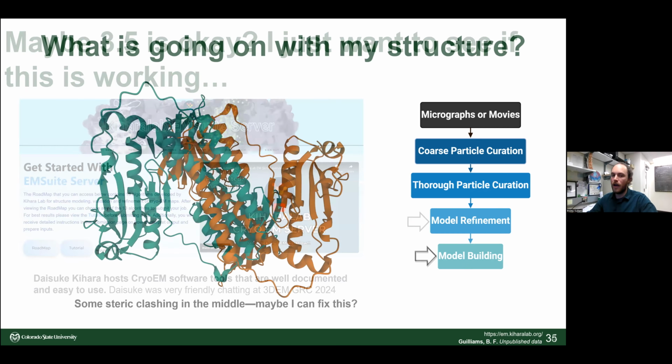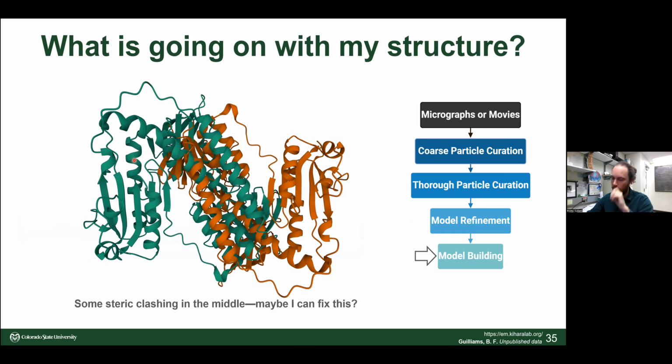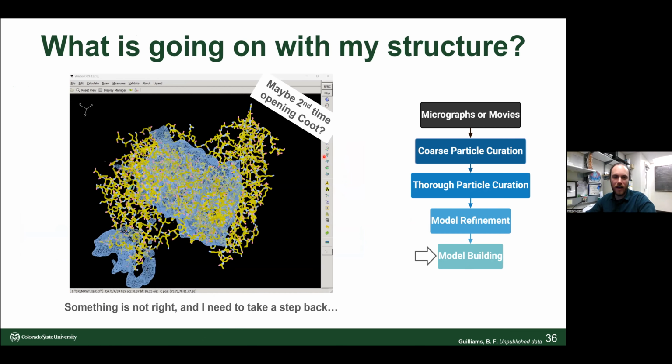Right. So I use one of their deep learning tools, and I see some pretty bad steric clashing here in the middle, right? Maybe I can fix this. I boot up Coot for the second time ever in my life, maybe. And right, something's not quite right here.